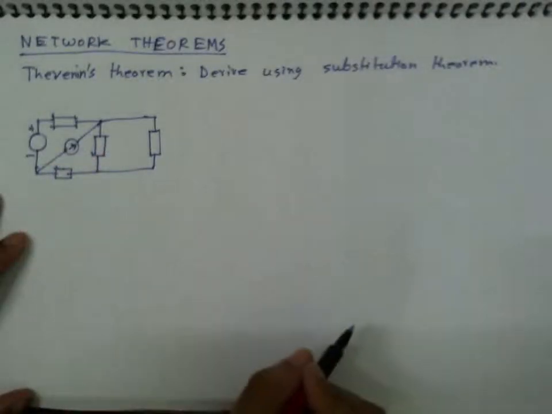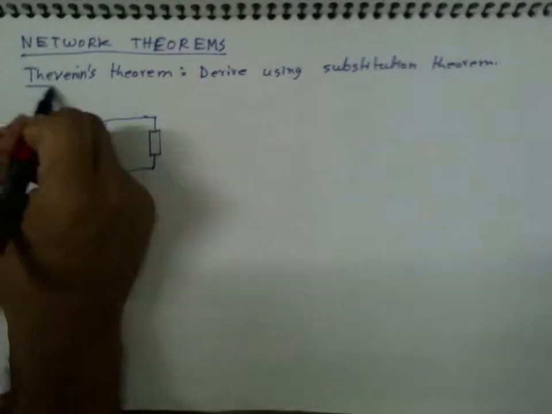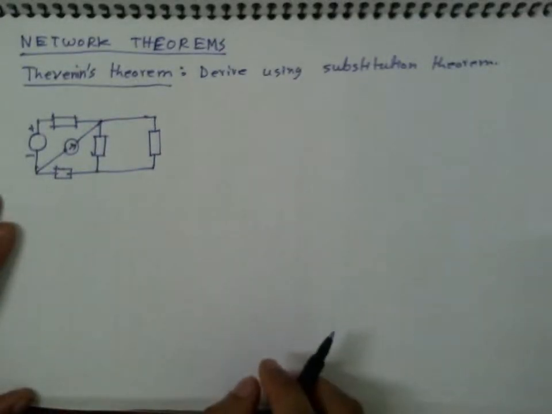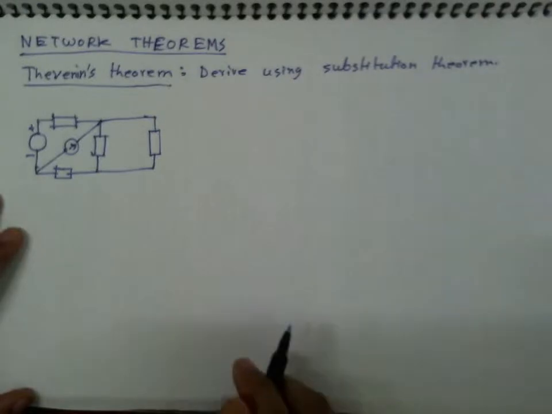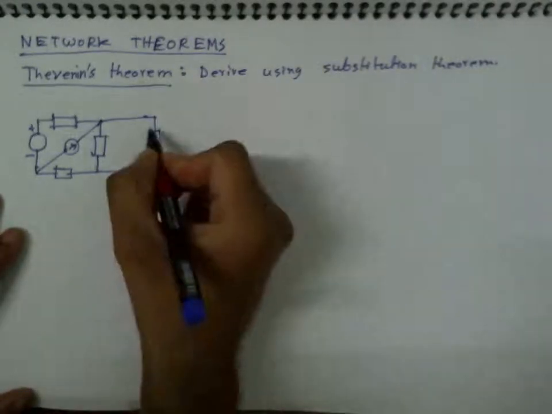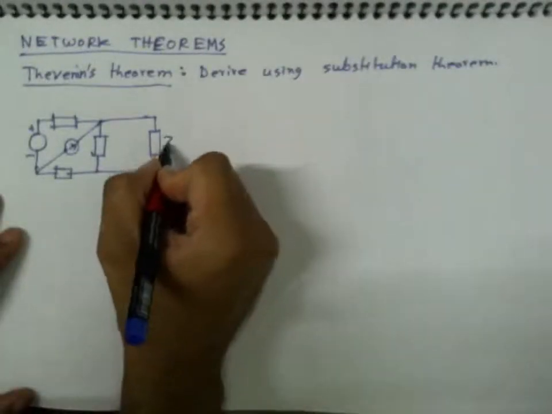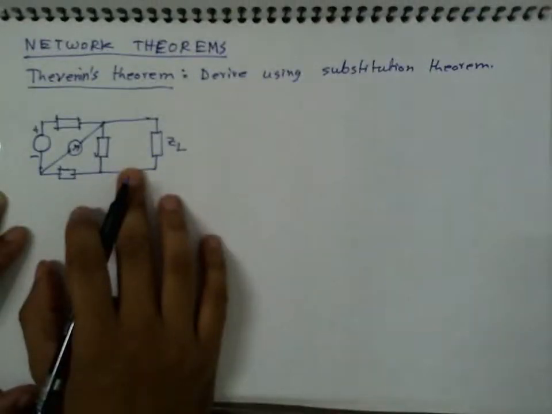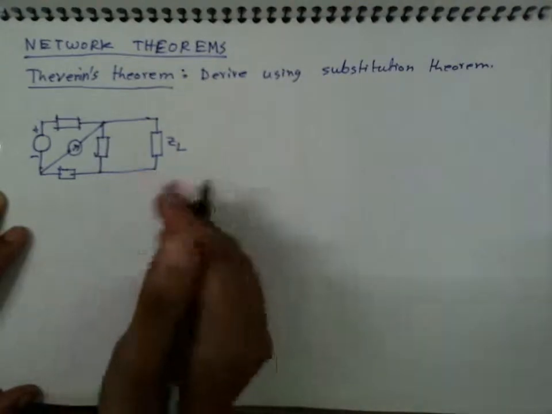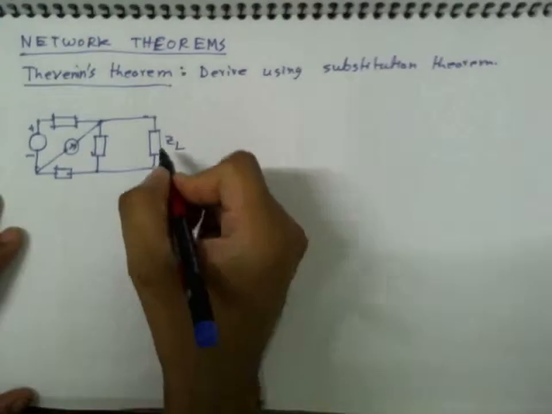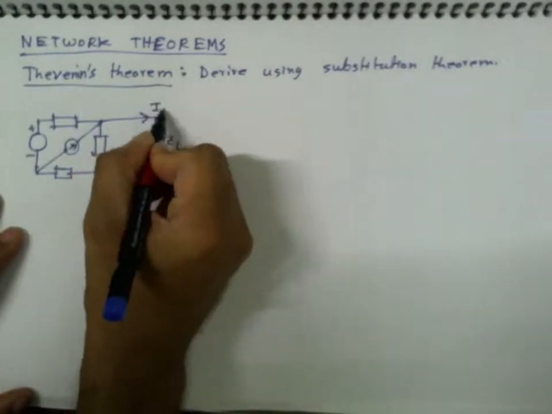If I am interested to find the current only in a particular branch, maybe this one, this impedance I will call ZL. L sometimes means load impedance, but for now it's just a name, and we are interested only to find the current through this, which is IL.